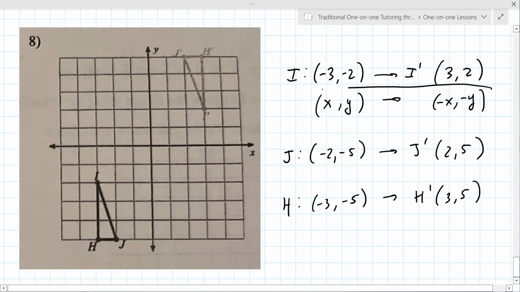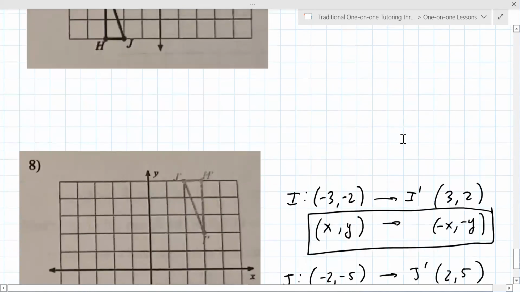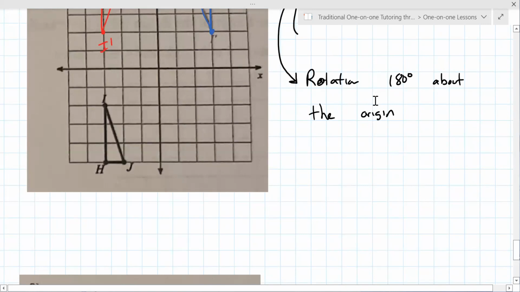So there's your rule, I guess, if you want it. It's more important to say it in words, to say that it's rotation 180 degrees about the origin. And it could be clockwise or counterclockwise, because you end up in the same position no matter which way you rotate. And if that's not clear, I can provide an example of that.